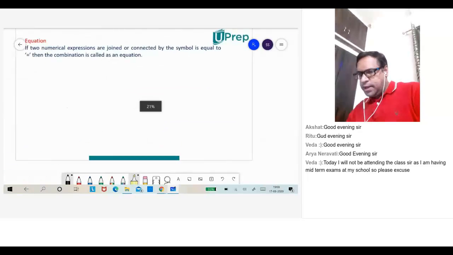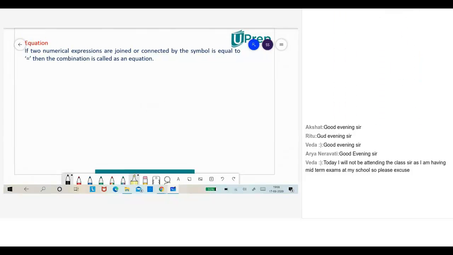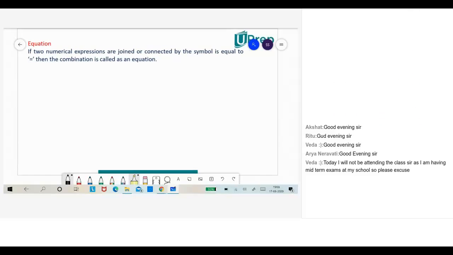Here, if two numerical expressions are joined or connected by the symbol equal to, then the combination is called an equation.